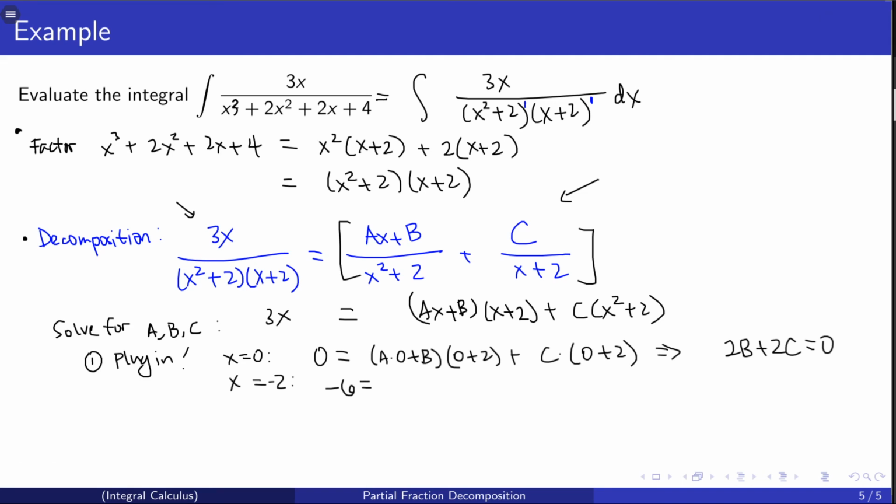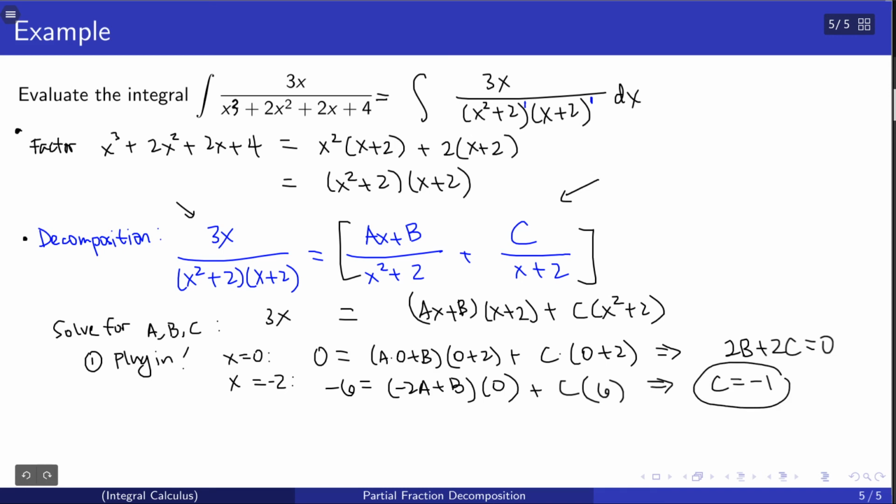Right, so negative 2 I plug in, that's negative 2a plus b. Oh, but negative 2 plus 2 is 0, right? That's why I plugged in negative 2, because this term disappears. So I'm just left with negative 2 squared plus 2, that's 6. So 6c is negative 6, gives me c equals negative 1. And immediately this tells me that b has to be equal to 1.